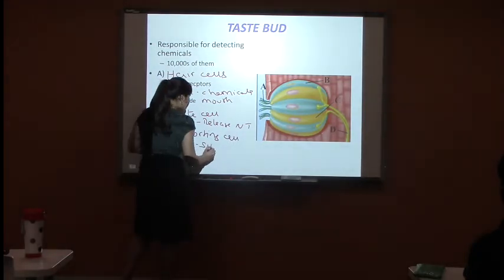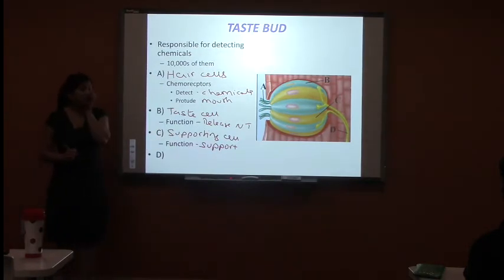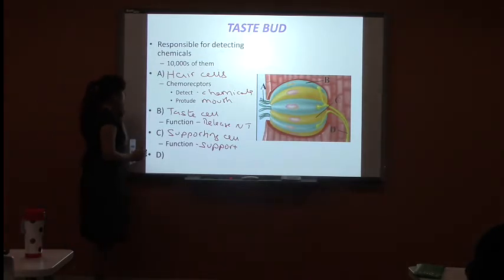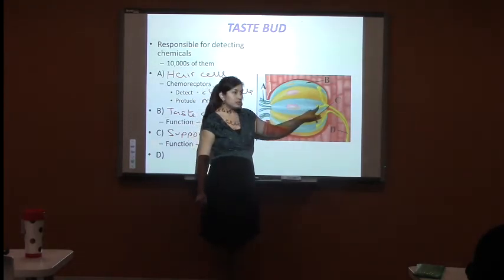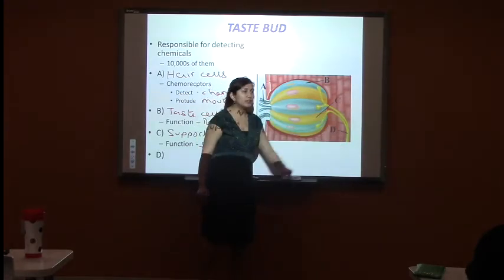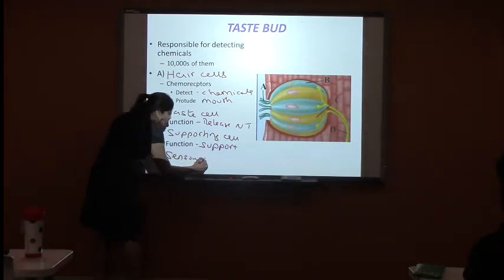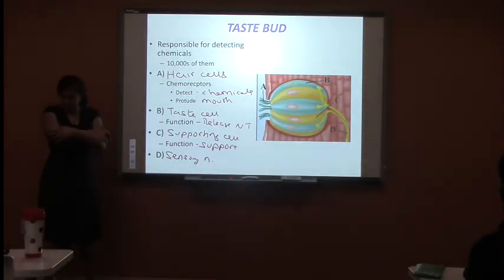Function is supporting. Okay, they're actually the glial cells. D is basically, do you see the taste cell has a neuron to it? Okay? So this is the cell body, here's the axons. The axons come together forming a sensory nerve. Okay? So it's the axons of that nerve. Does that make sense? Easy enough?